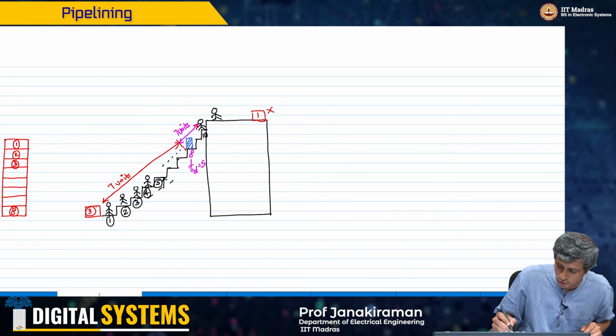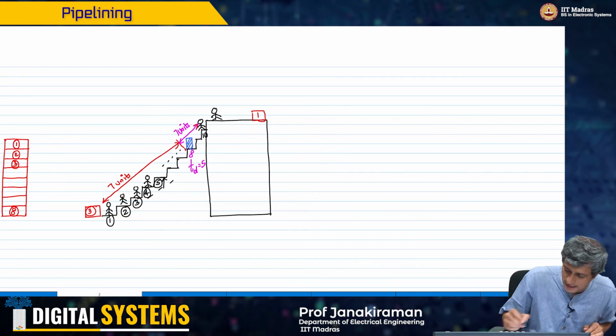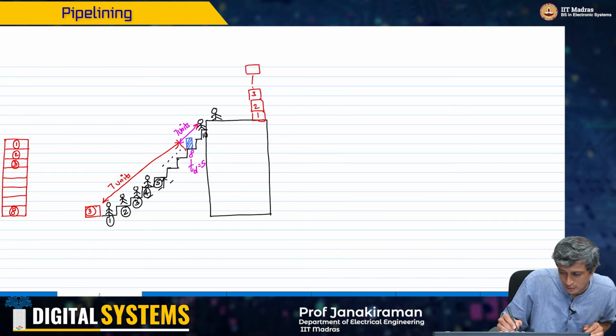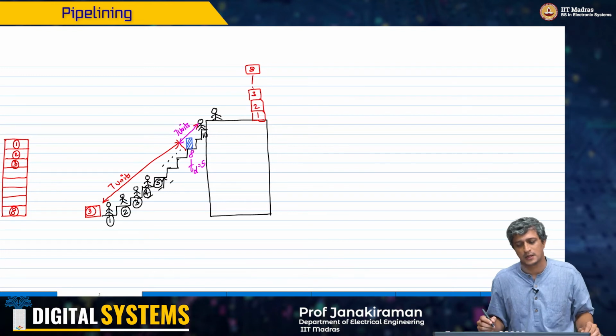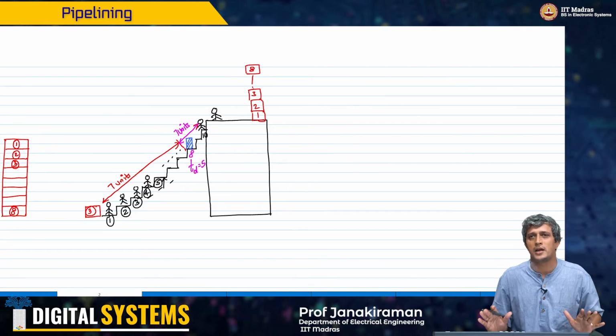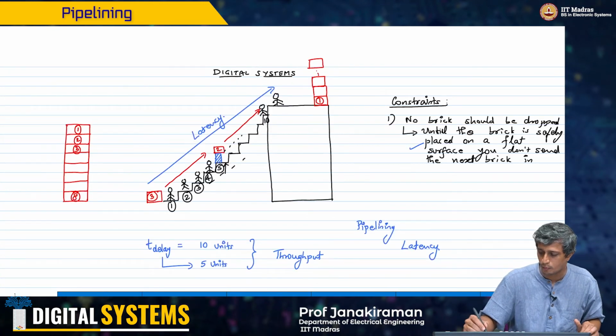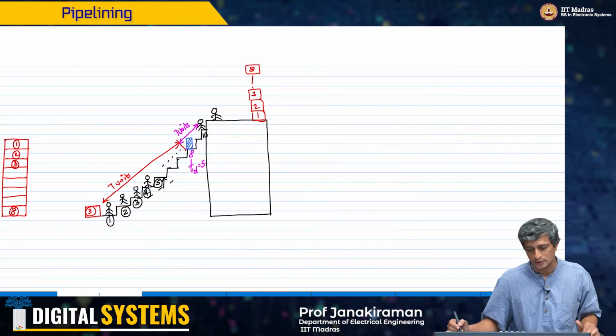So 1, 2, 3 and all that stuff will go exactly in this order, they get accumulated like this, and so on, okay, as given here. And this will really solve the problem based on the constraint that we imposed here, right?